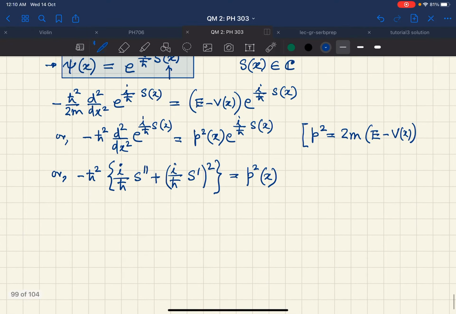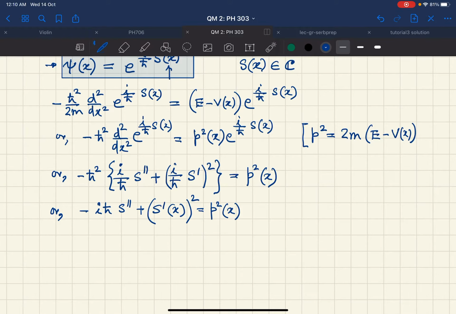So now I have this equation: minus i h bar s double prime of x plus s prime of x whole squared equal to p squared of x.